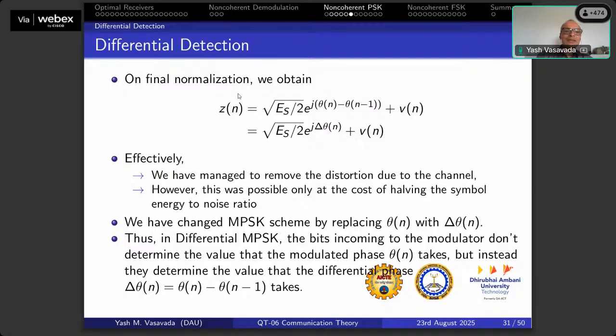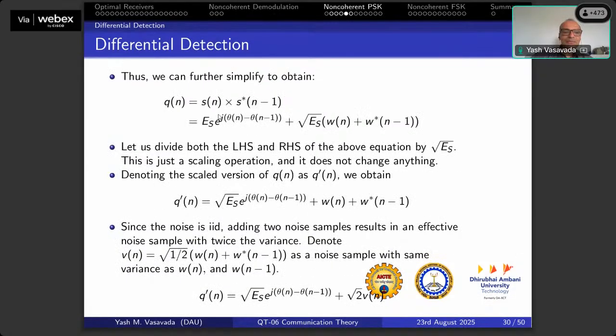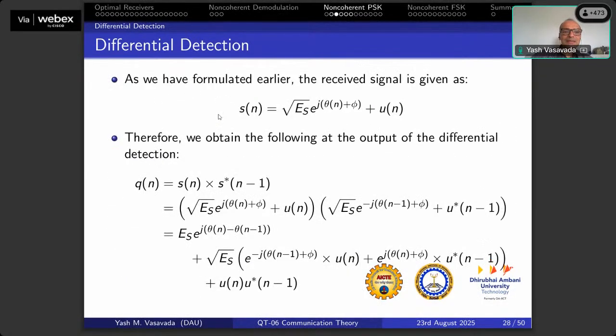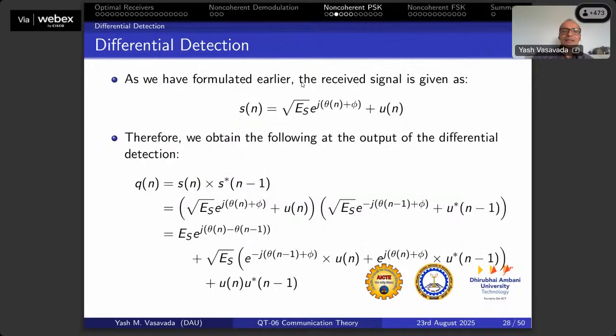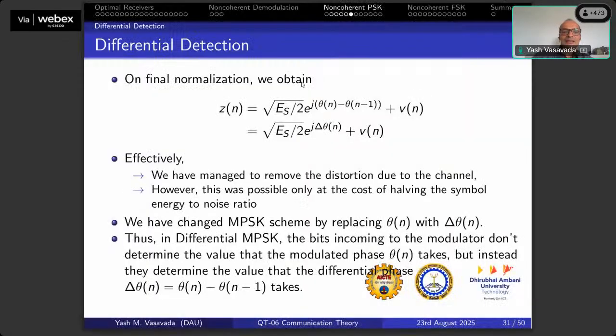So the final answer that I'm getting is that the received signal after I do this operation S n times S conjugate of n minus 1, I can write it in this manner: square root of Es divided by 2 e to the power j delta theta n plus V of n.